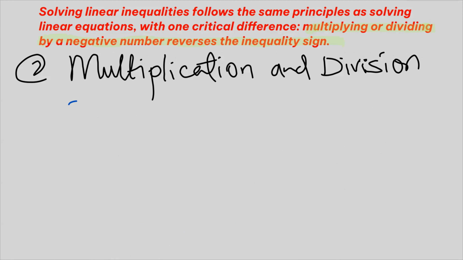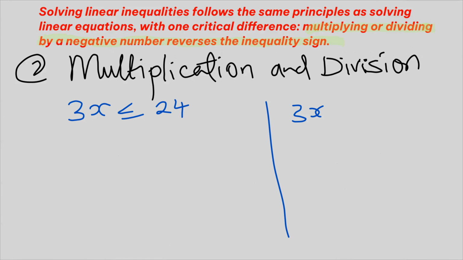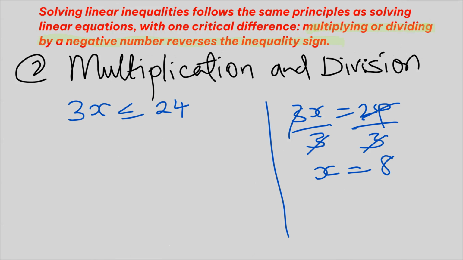If you are asked to solve for x, and you have 3x is less than or equal to 24. For linear equations, it will be 3x equals 24, and we'll just divide both sides by 3 to isolate x. So we'll have x equals 8. That's a normal linear equation.